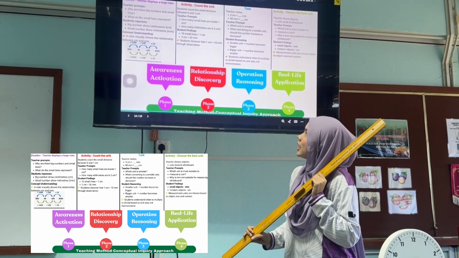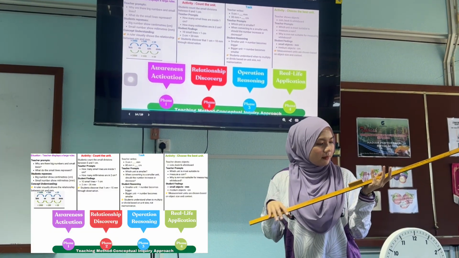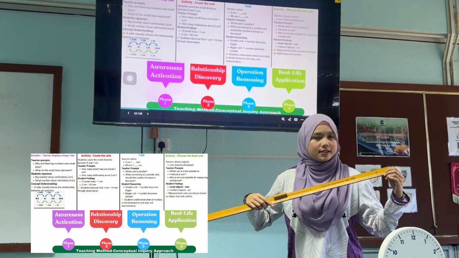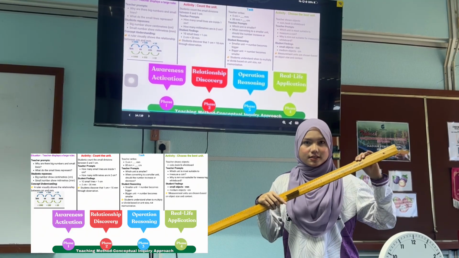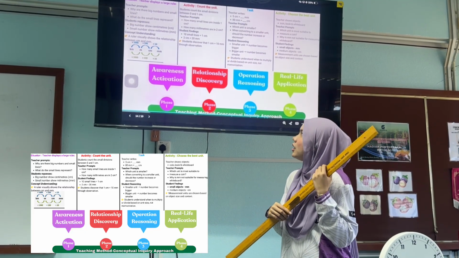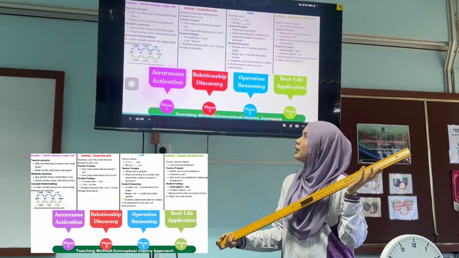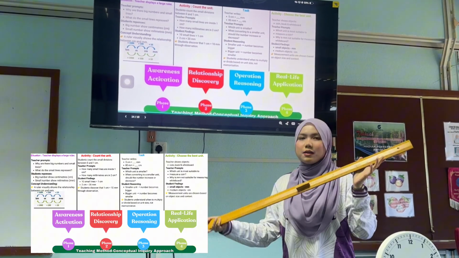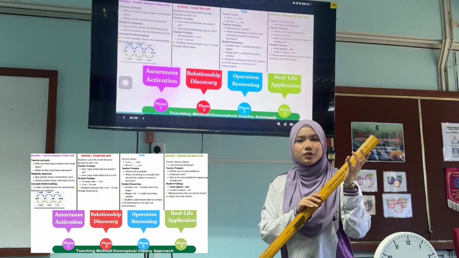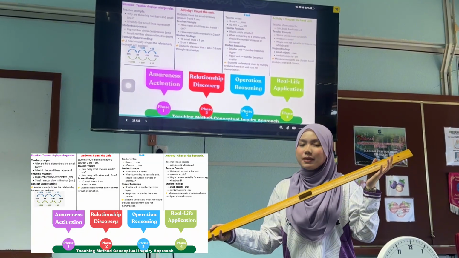The answer is the big numbers show centimeters, which is this one, a centimeter, and the small lines show millimeters. This one is a millimeter. So for concept understanding, a ruler visually shows the relationship between centimeter and millimeter.